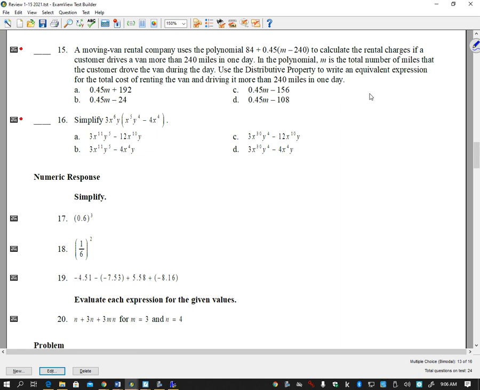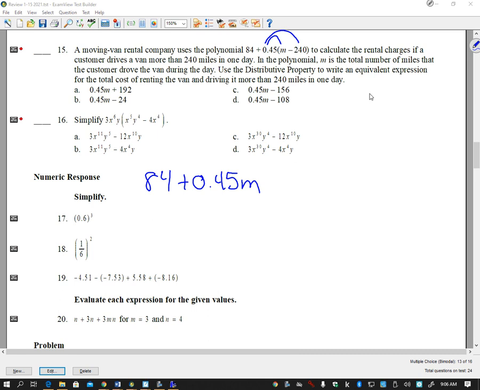All they're asking you to do is distribute the 0.45 to those two terms and then combine like terms. So we have 80 plus 0.45 m, right? Because I'm distributing the 0.45 to the m, but I'm also distributing 0.45 to the negative 240.